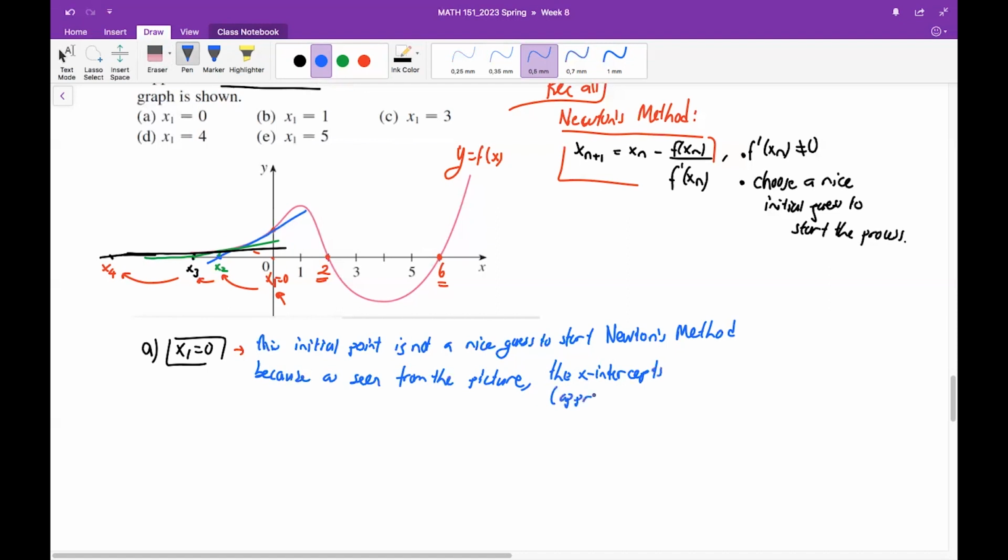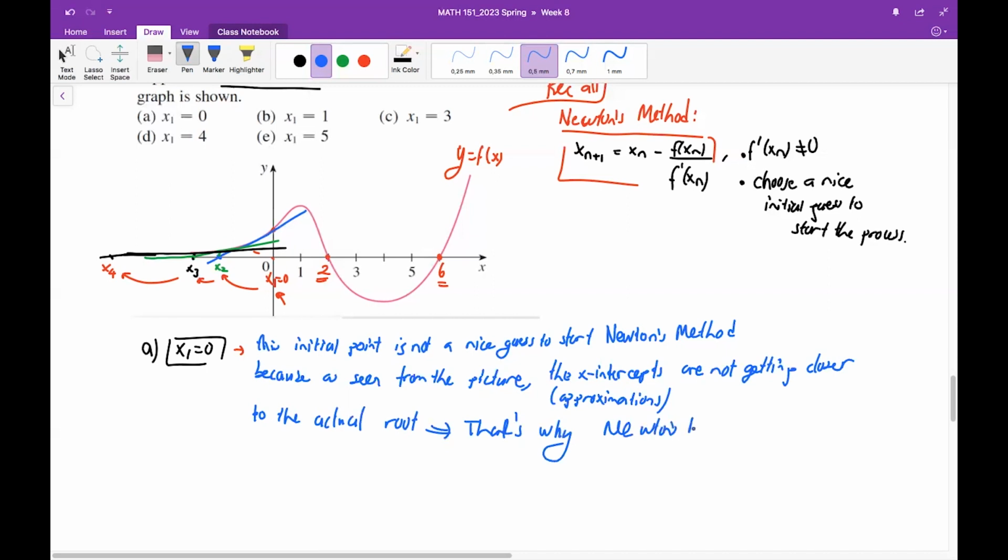The x-intercepts, in fact, given as approximations by the method, are not getting closer to the actual root. That's why Newton's method is not working for this initial choice.